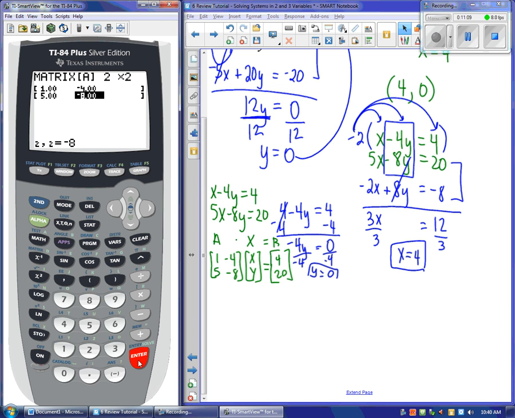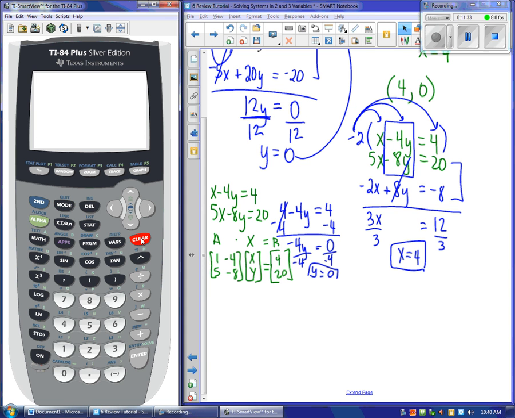And we can just leave it like that for now. I also need to input my B matrix. So if I go to second matrix, again, go to edit first, scroll down to matrix B. Matrix B is now a 2 by 1 matrix, and I can enter in my values 4 and 20. I'm going to solve this the same way, but I have to quit to go to my home screen first. Let me clear that out.